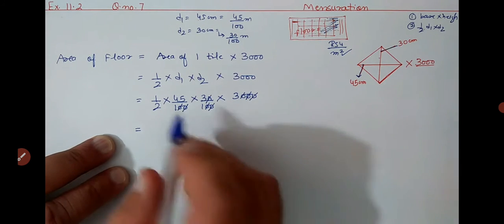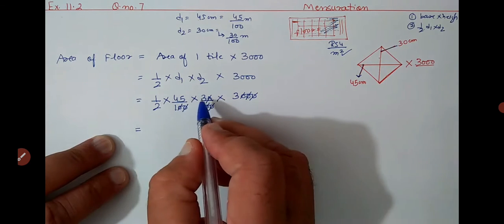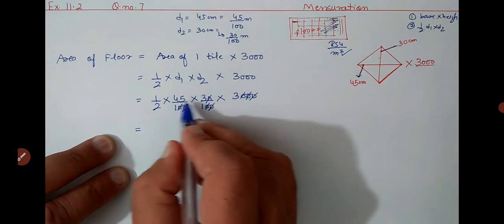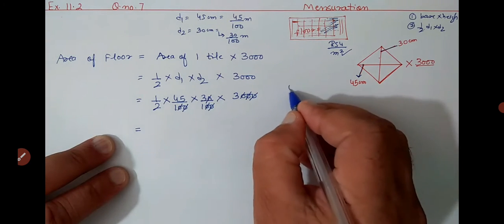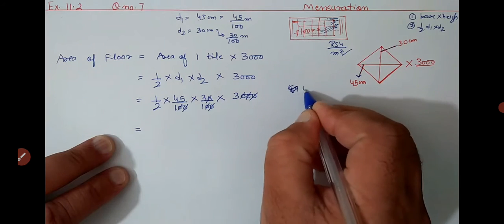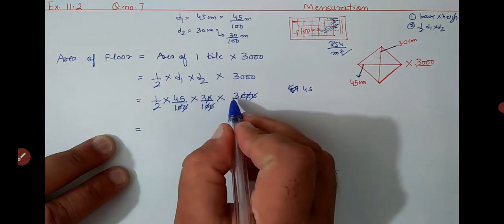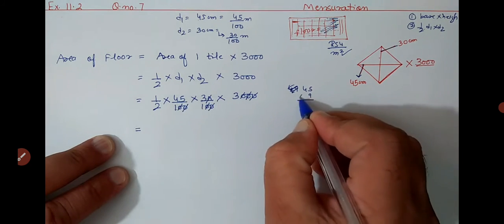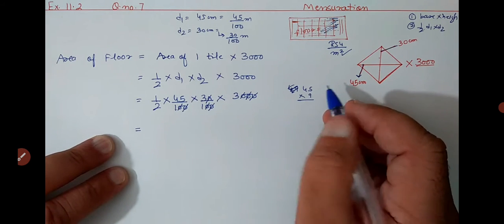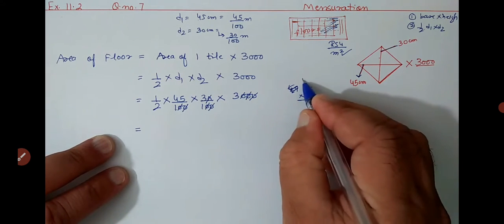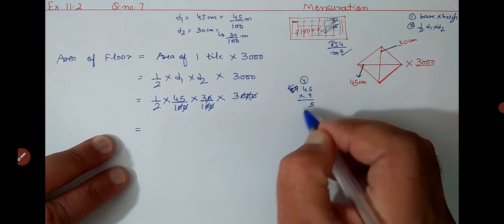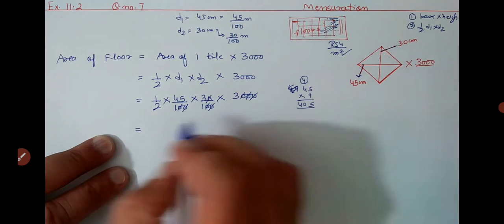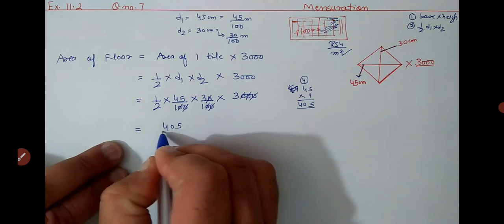Now we have to multiply 45 into 3 into 3, 45 into 9. 9 5 जा 45, 4 carry out हुआ, 9 4 जा 36 plus 4 40, तो 405 upon 2.